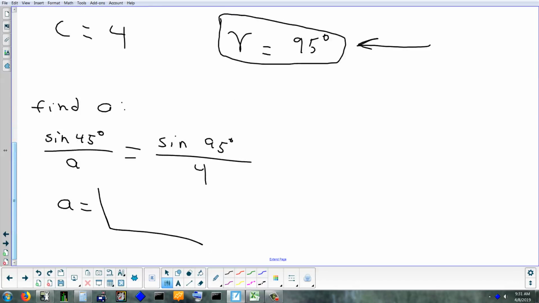And now let's get A by itself. You don't have to tell me the decimal, but can anybody tell me what A will be? It'll be what times what divided by what?